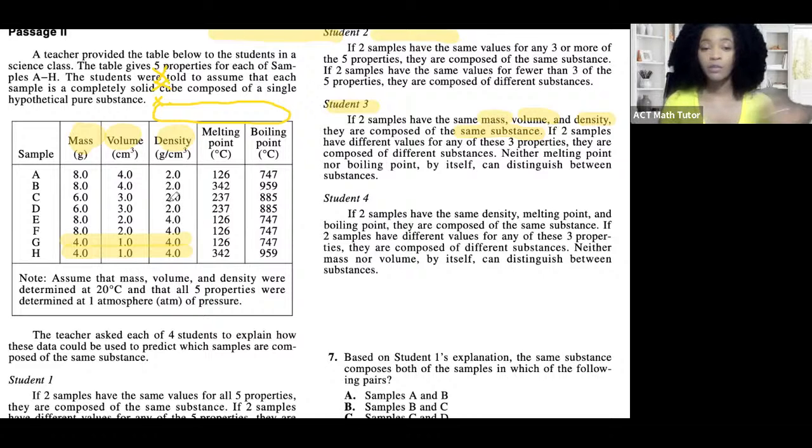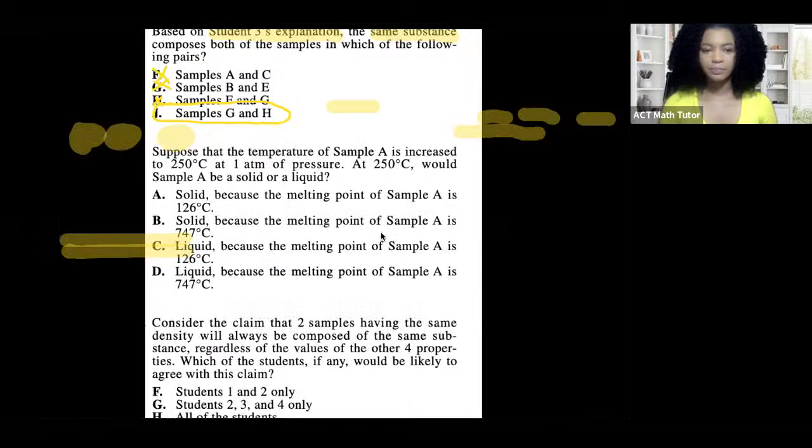Or if you've eliminated the incorrect answers, mark it, move on. You don't really have time to prove to yourself that it's right. You've gone through the process, you've eliminated, mark it, move on, okay? Let's go to the next problem. Clear everything out.